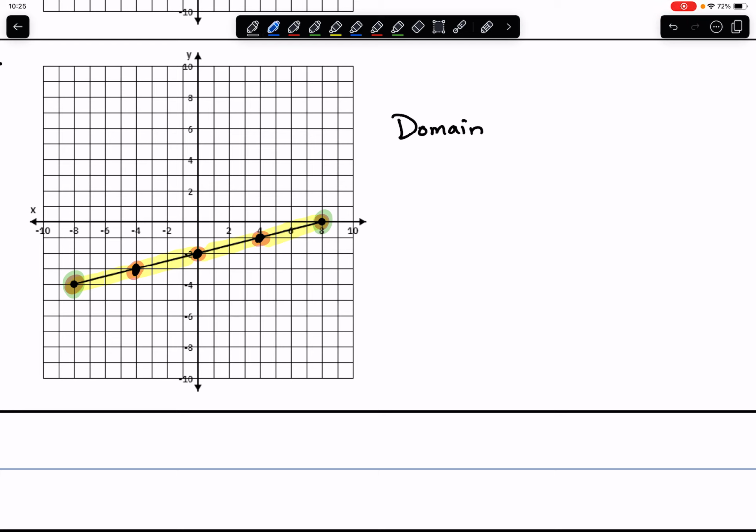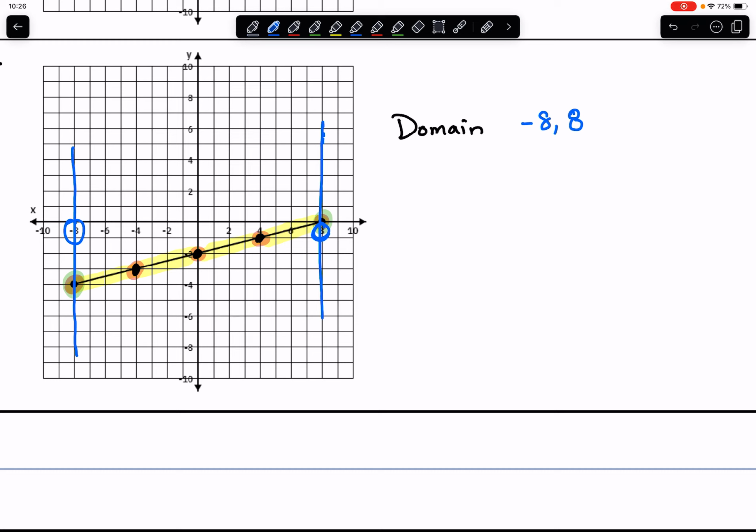And the way we do this is that we look at the farthest left that the graph is going to reach, which has an x value of -8, and the farthest the graph is going to reach has an x value of +8. So the domain is said to exist for all x values between -8 and +8.